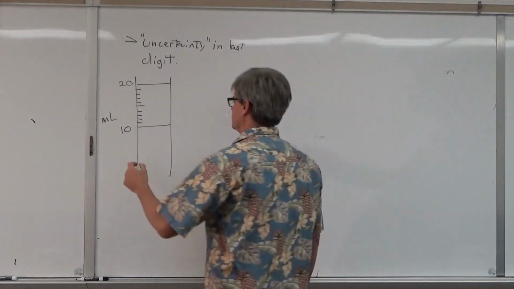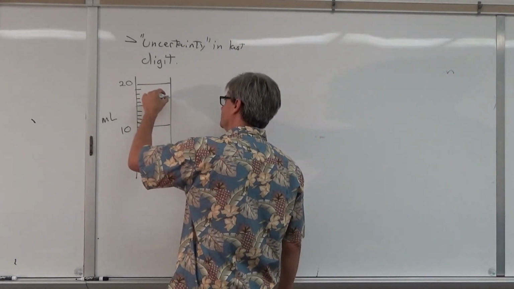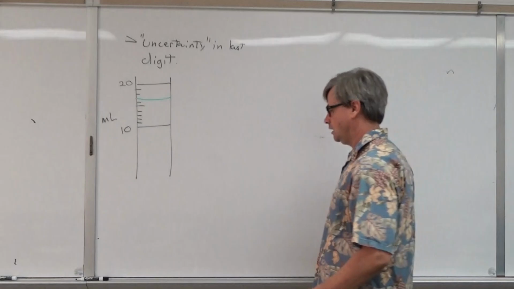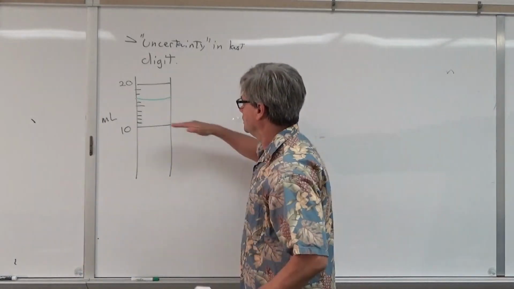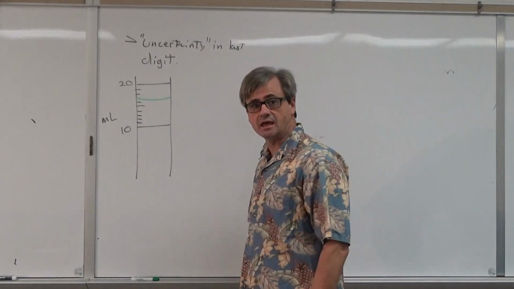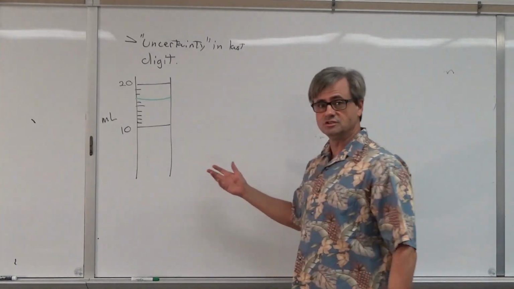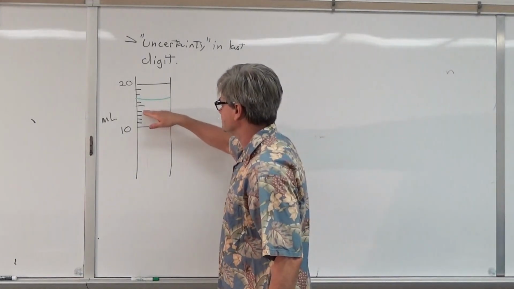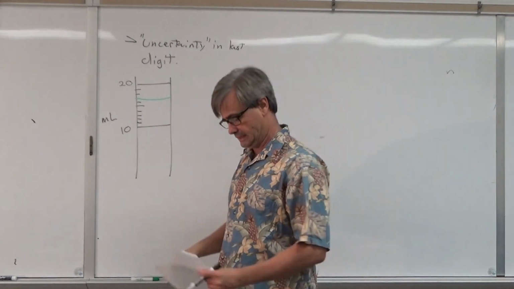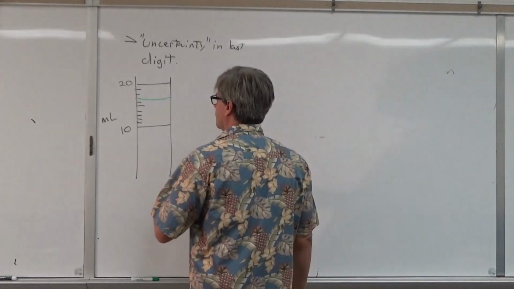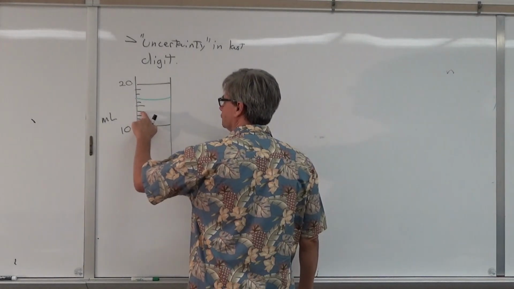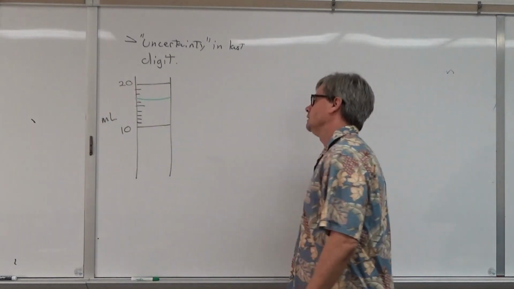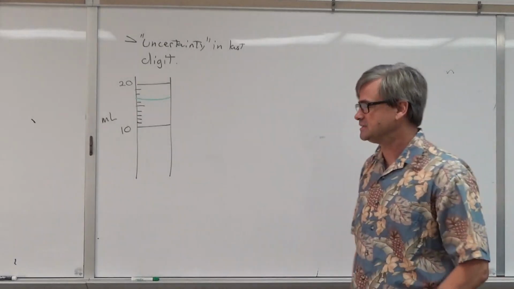And so you've got some value of solution in here, and you've got some meniscus like that going through. When there are grid lines or divisions on some instrument that you're using to measure, such as a burette, best practice is to estimate in between the smallest grid lines. So this would be 10, 11, 12, 13, 14, 15, 16, and then this can get pretty hard, especially if you have old eyes like myself.